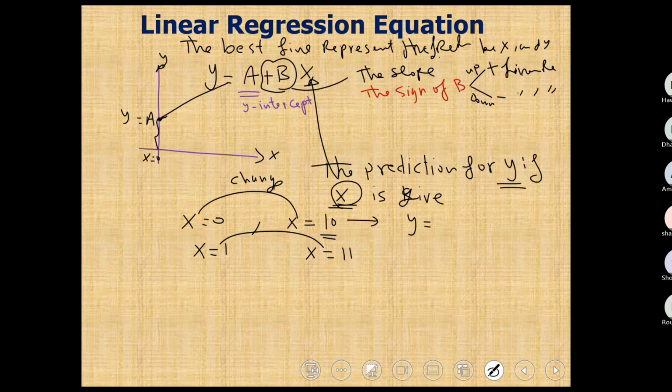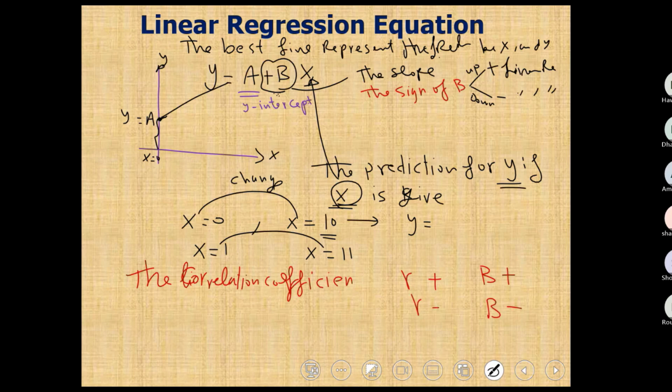The main point of the linear regression equation is the slope B. What is the link between the correlation coefficient R and your linear regression? If R is positive, B must be positive. If R is negative, B is negative. So what is the difference?